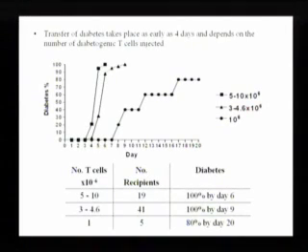And you can see the transfer of the disease. 100% of the mice will get diabetes in 3 to 4 days like I just showed you, depending on if you give 5 to 10 million cells. If you give less, it takes a little bit longer to actually get the diabetic process going on.